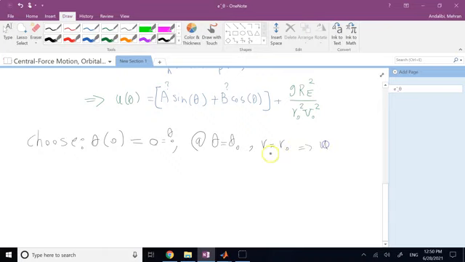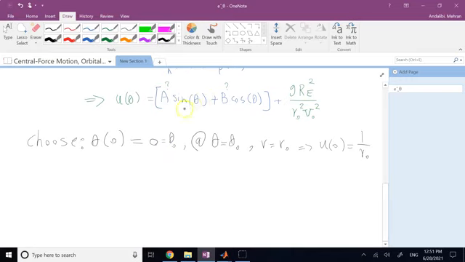Therefore, u at time 0 is equal to 1 over r naught. So if I plug in theta of 0 here, my u should be 1 over r naught. Okay, that's one of my initial conditions. Let's use that.